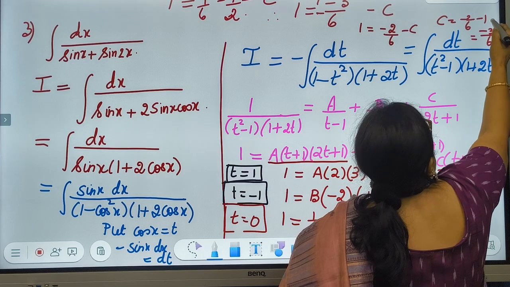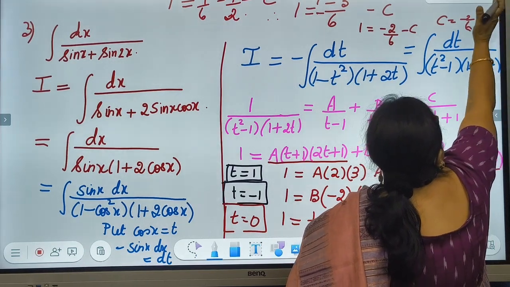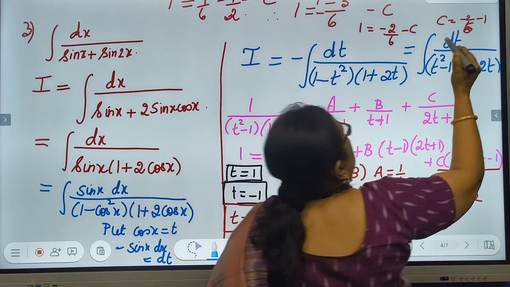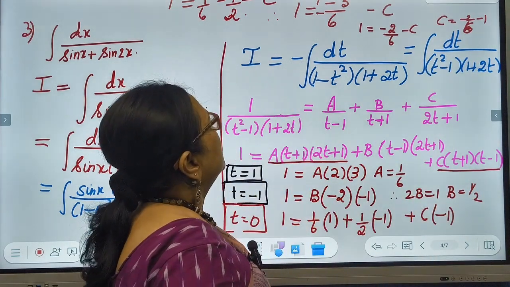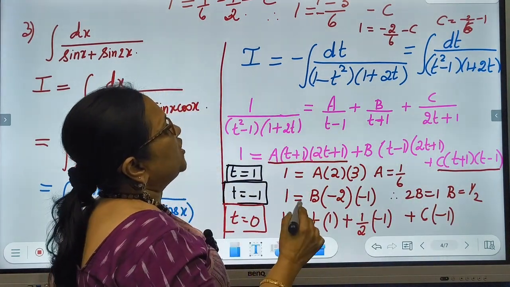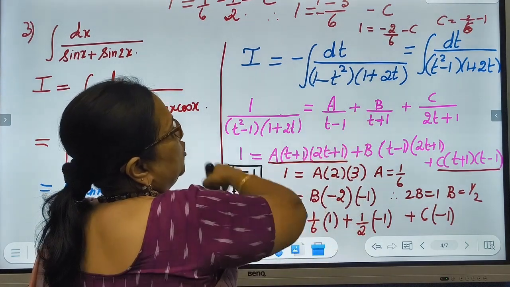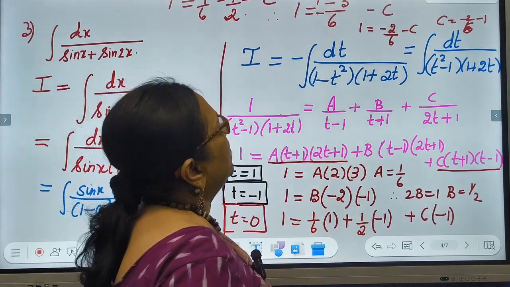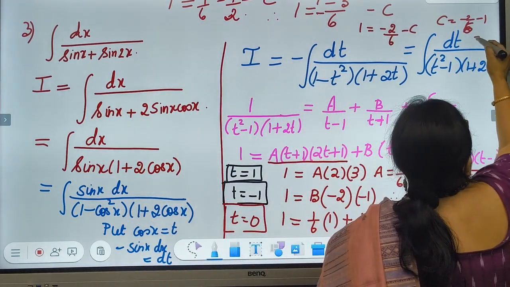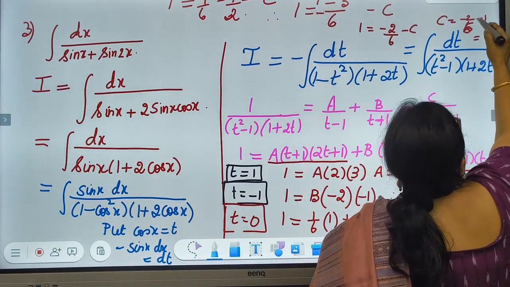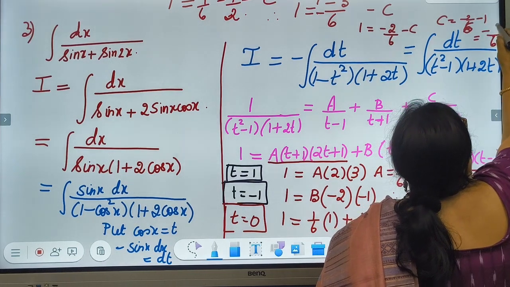Bring c to this side: c equal to minus 2 by 6 minus 1. So this will be (minus 2 minus 6) by 6, which is minus 8 by 6.